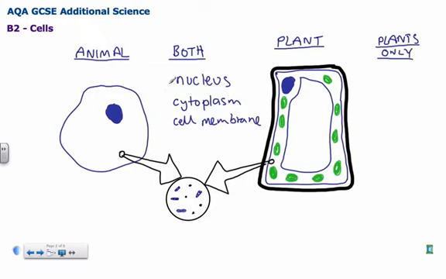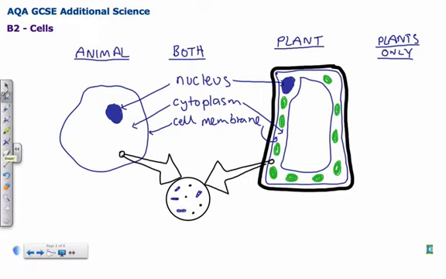The cytoplasm is a jelly-like liquid that all the other bits are floating around in. The cell membrane is there for the animal cell, and for the plant cell it's just inside that thick black line. So these are 3 very simple labels that you should know and understand.